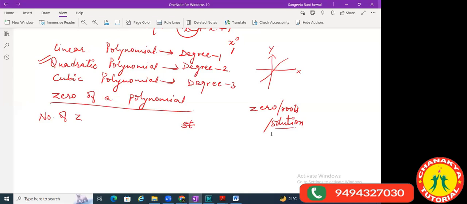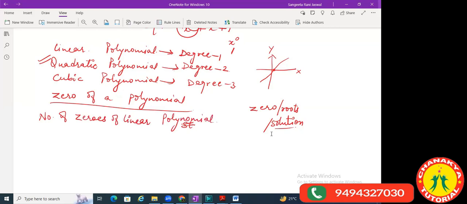So if this intersects the x-axis at one point, that means it has one solution. Number of zeros of a linear polynomial. I'll show you how. We'll do it graphically also and we'll solve the equation also. Both ways I'll show you.